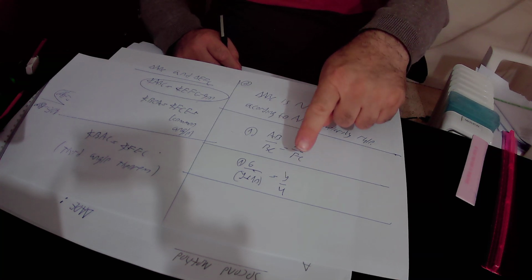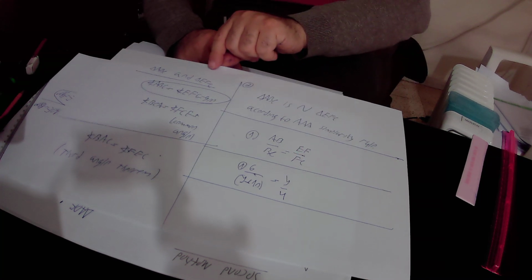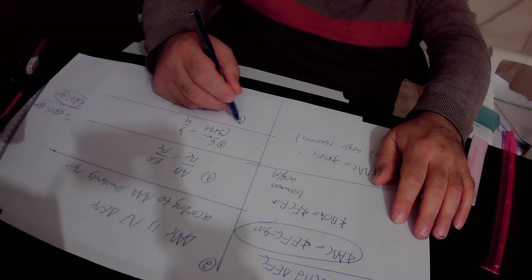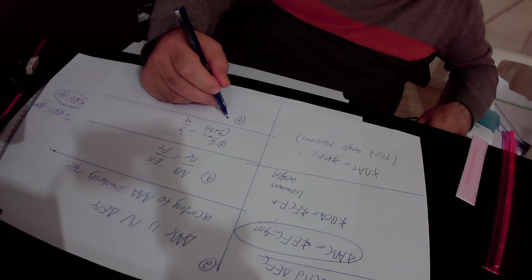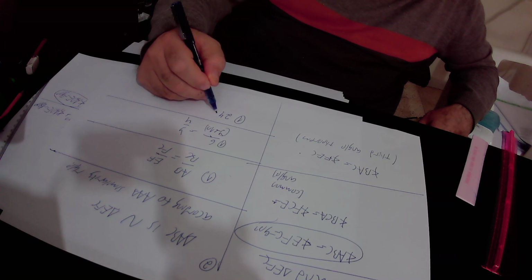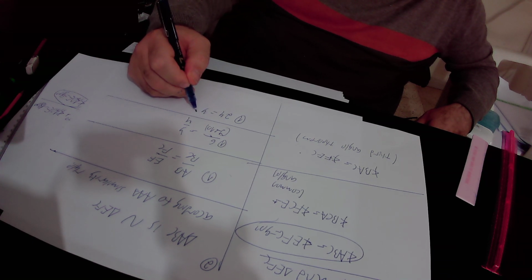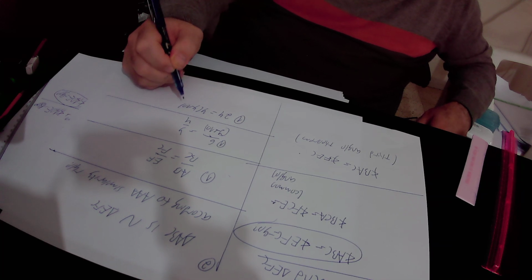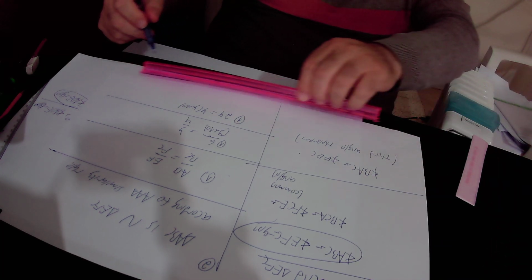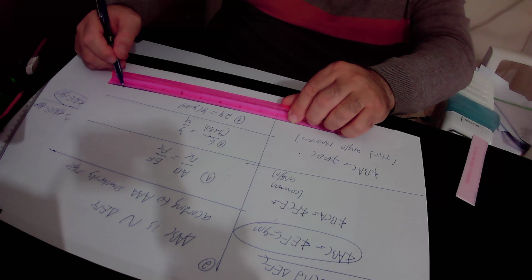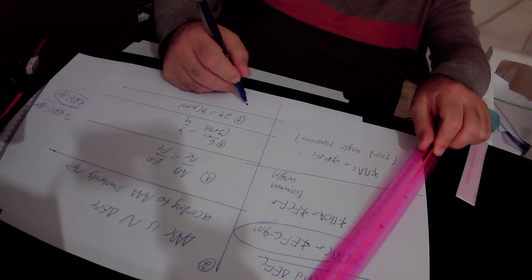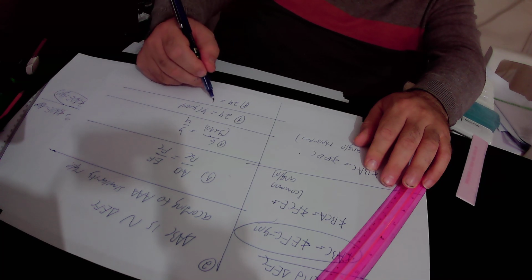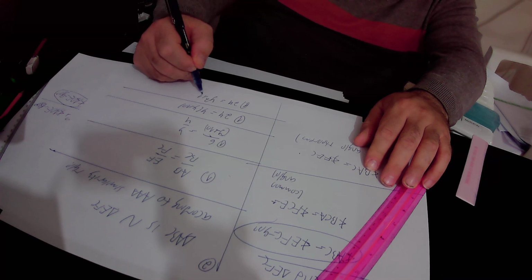Here we cross multiply this equation number 1, and we get that 6 times 4 is 24. 24 equals y times y plus 10. Here we'll open the brackets on this side of equation number 1, and we get that 24 equals y times y is y squared plus 10y.